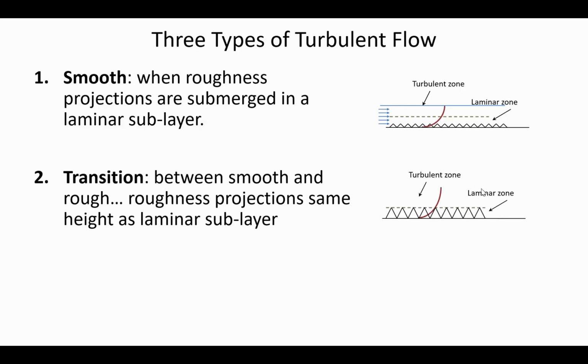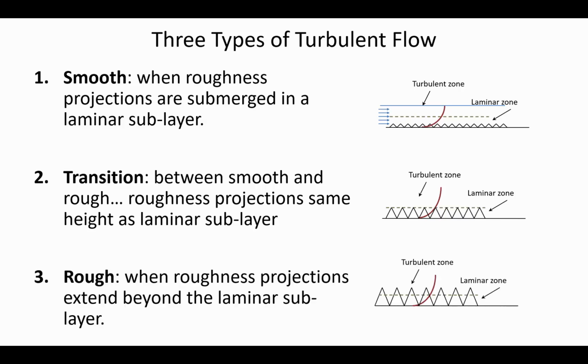Transition is when the laminar zone is exactly the same height as the roughness elements, and then rough flow, they project outward into the turbulent zone. So rough turbulent is where the roughness elements have even more of an effect than they otherwise would if they were inside this cushion of the laminar sublayer.